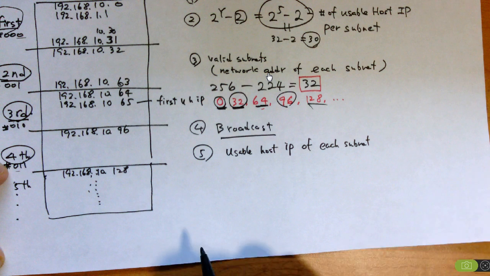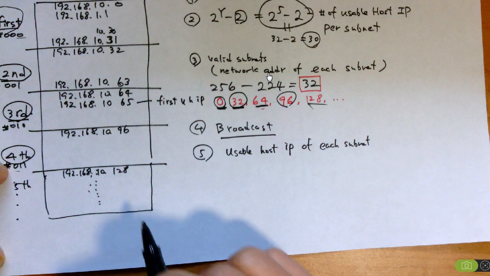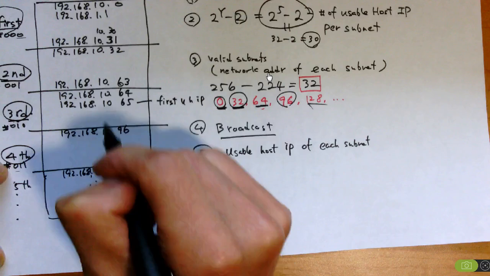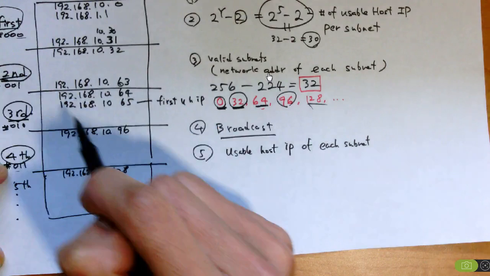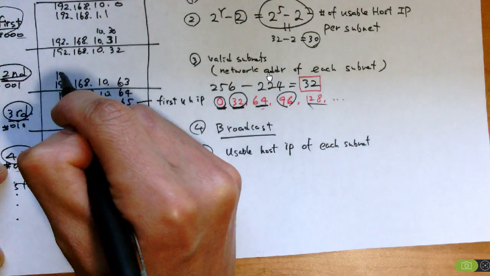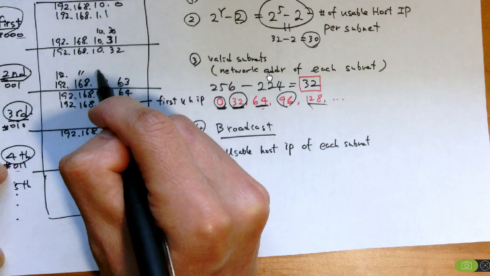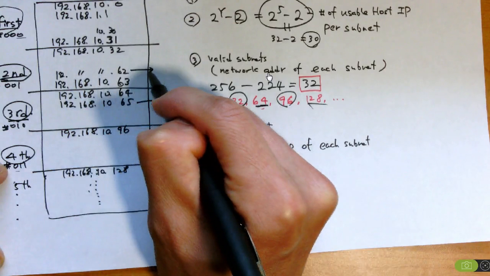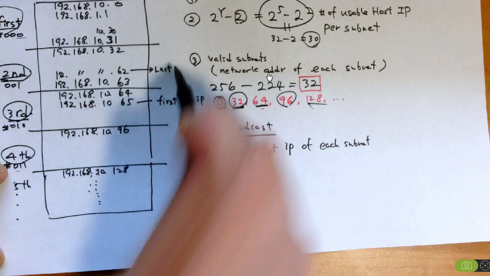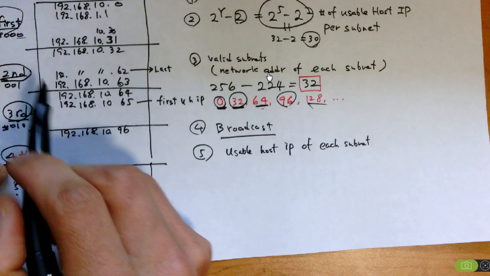And then I can say, what is the last usable host IP address of the second subnet? Obviously, it is 192.168.10.62. So that's the last usable host IP address of the second subnet.